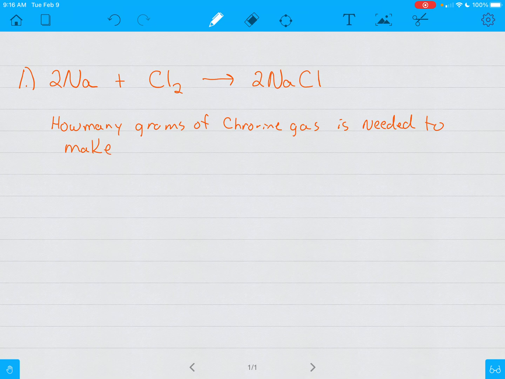How about 252 grams of NaCl? Okay, so that would be the question that we would ask, and we're going to be using basic stoichiometry to get this done.